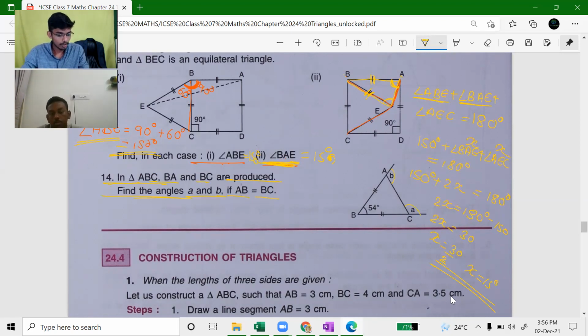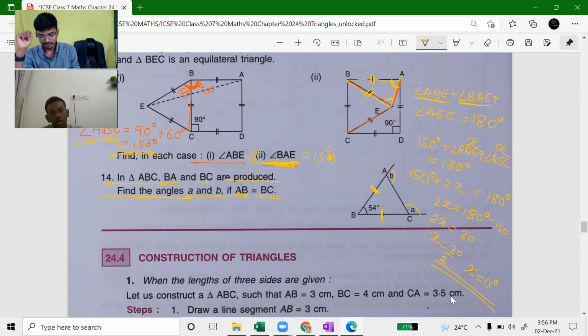Any doubt till here? And they have told us AB is equal to BC, which means this is equal to this. Now tell me first thing, what type of triangle is it?